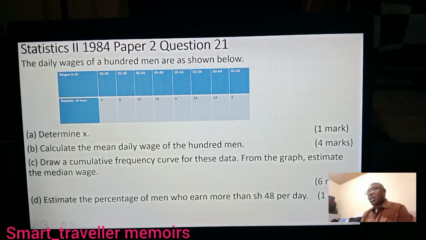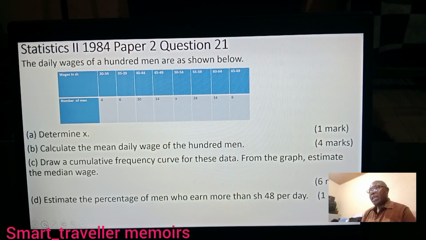So there is a table here, wages in shillings, and we have groups: 30 to 34, 35 to 39, 40 to 44, 45 to 49, 50 to 54, 55 to 59, 60 to 64, and the last group is 65 to 69.